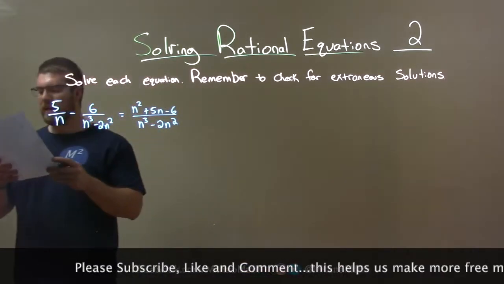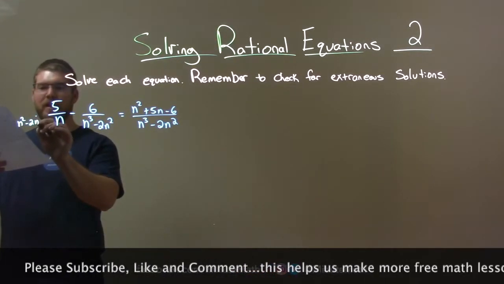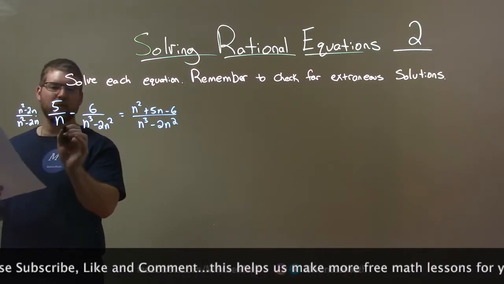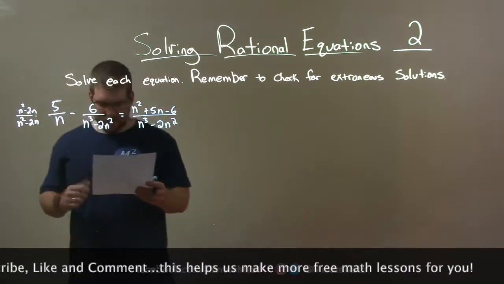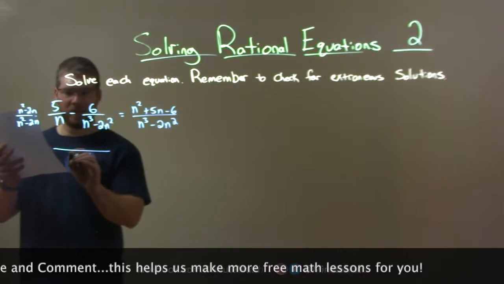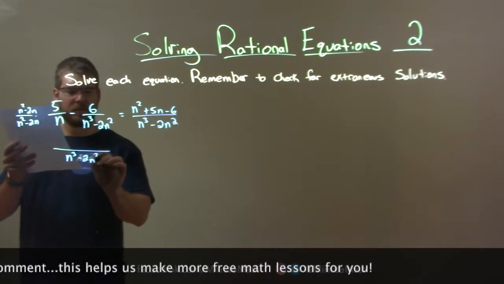So if I multiply this by n squared minus 2n over itself, multiplying that out, we should get n to the third minus 2n squared. So that will give us the same denominator. So let's do that. And so this becomes the denominator, like I wanted, n to the third minus 2n squared.